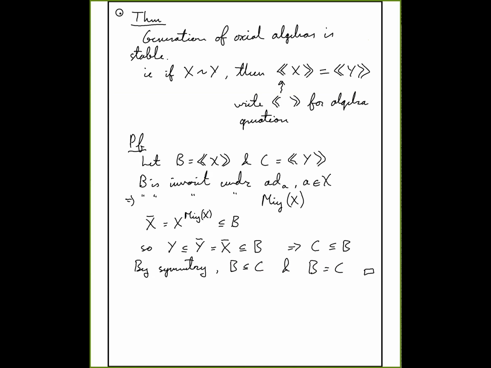The converse would say that if I have two sets of axes which generate the same algebra, are they equivalent? The answer is no. We really do have algebras where there are two inequivalent sets of axes, but they both generate the same algebra. And also, they both generate the same Miyamoto group.